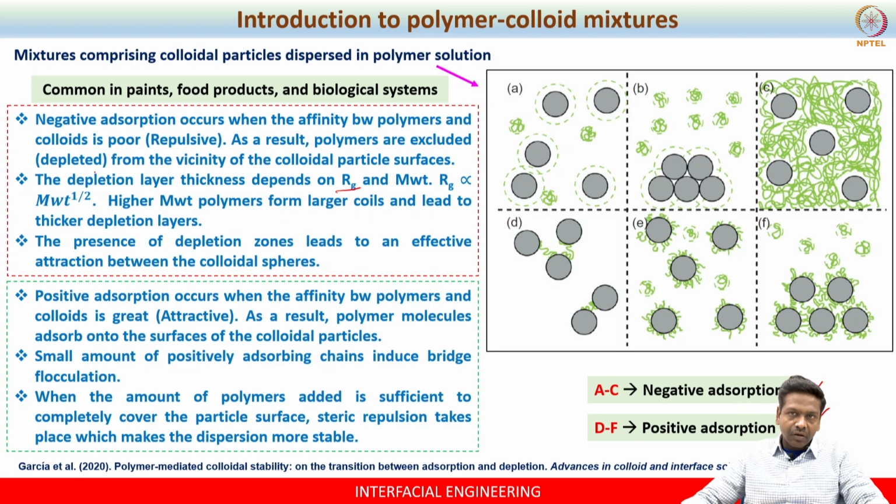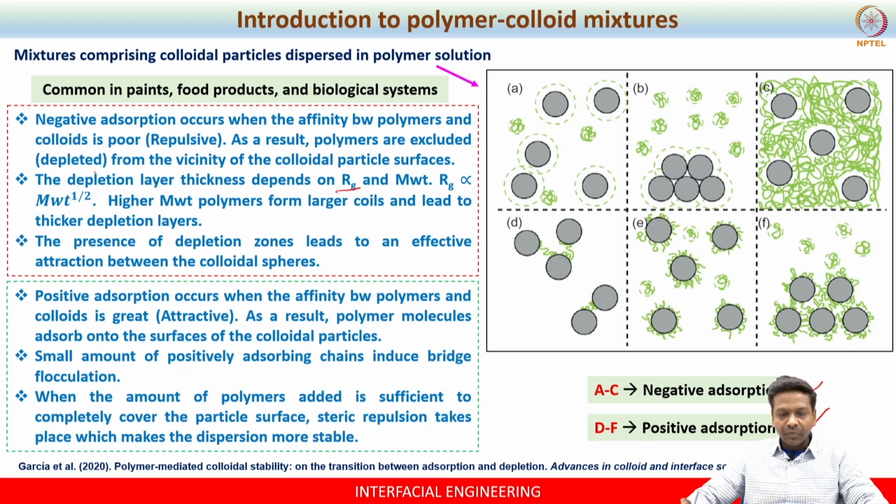So molecular weight is also an important parameter that controls the depletion layer thickness. Both Rg, the radius of gyration, and molecular weight are important parameters in the depletion layer thickness. As a result, the presence of these depletion zones leads to an effective attraction between the colloidal particles.